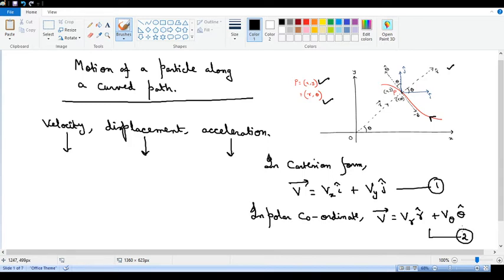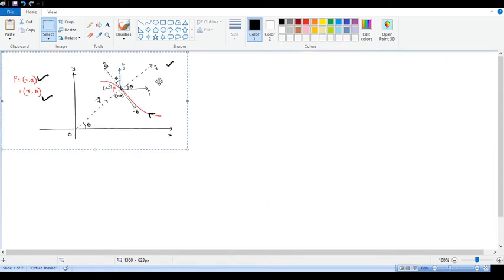Now we are interested in finding some relationship between these two types of coordinate systems. Let's focus on this relationship.